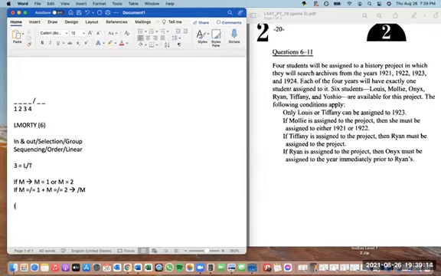If T is assigned to the project, then R has to be assigned to the project.